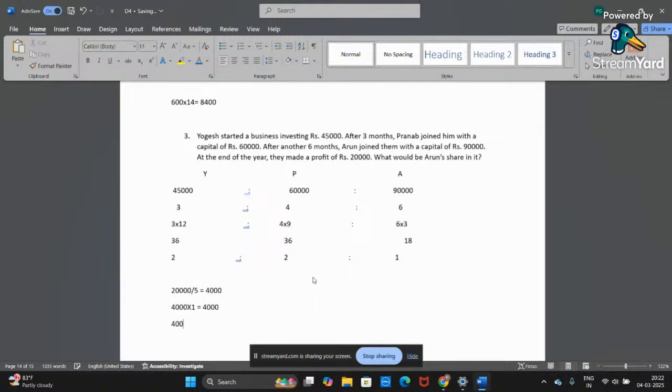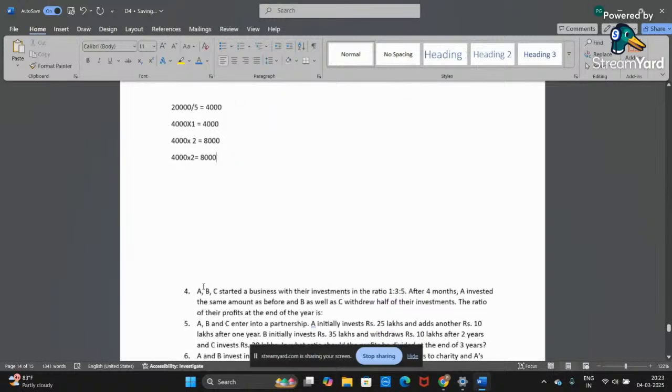You have to multiply this 4,000 with his ratio. So it will be 8,000. To find Yogesh's profit, what you have to do? Again, 4,000 into his ratio. So it is 8,000. When you add all this, you will get 20,000.